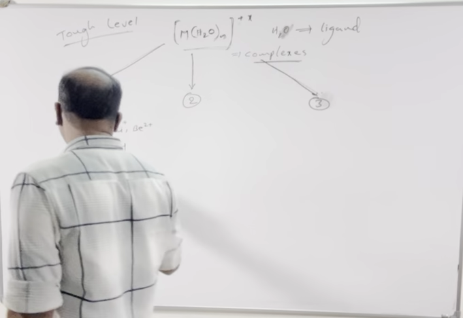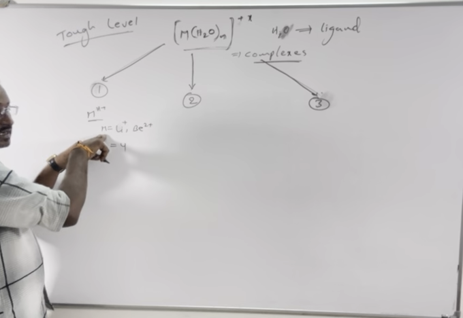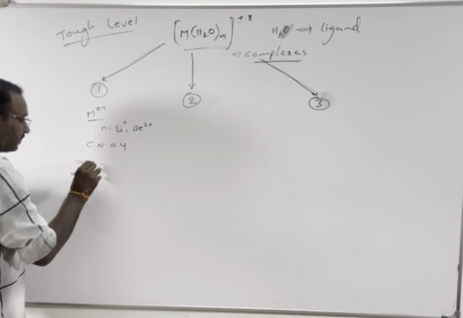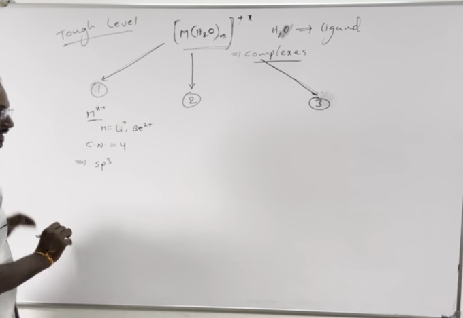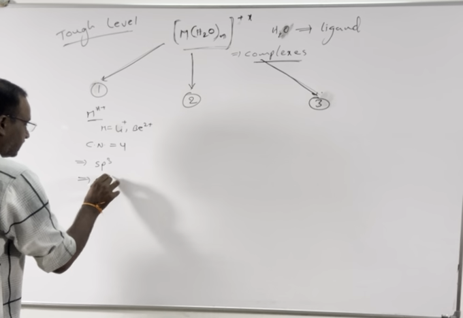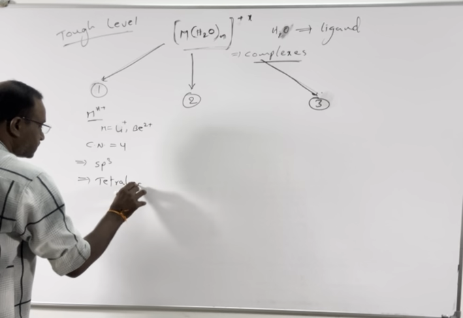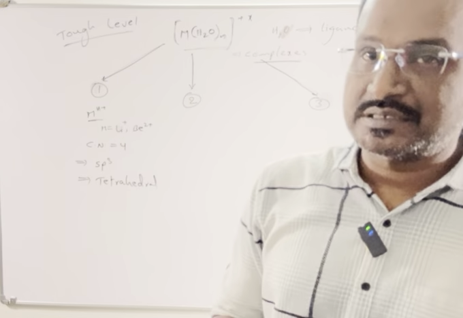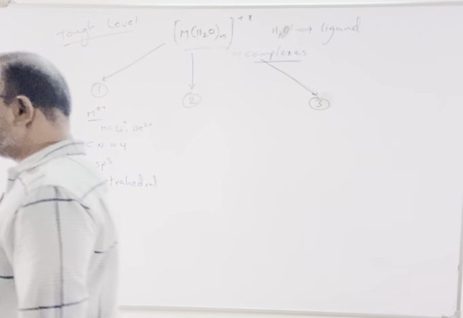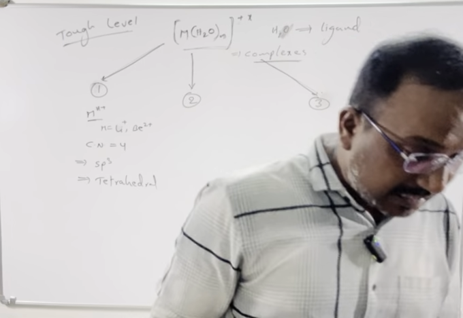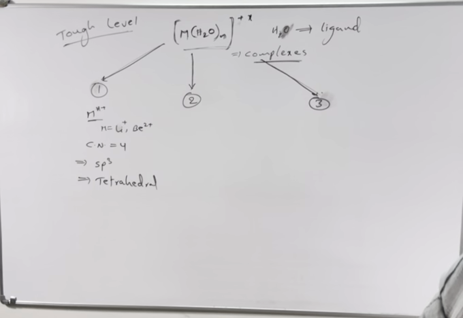If the central atom is lithium or beryllium, definitely the hybridization will be sp3 and the shape will be tetrahedral. Geometry is tetrahedral, shape is tetrahedral, when the coordination number is 4 and the central atom is lithium plus or beryllium 2 plus.